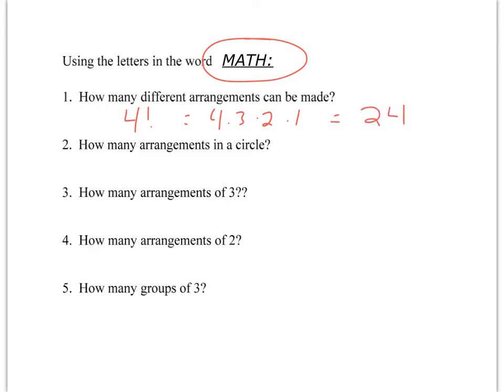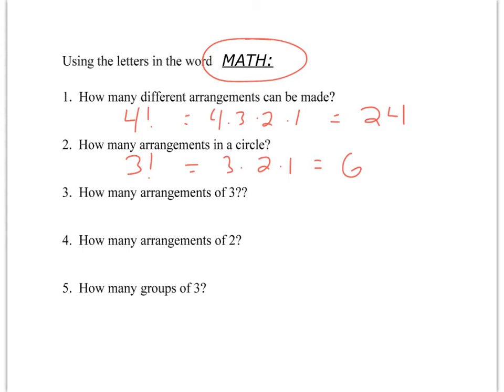How many arrangements in a circle? So we have 4 people. We want to sit them at a round table. So the order doesn't matter, or the first person doesn't matter. So it's going to be 4 minus 1 factorial, or 3 factorial, using the formulas we just wrote down, which is equal to 3 times 2 times 1, which equals 6.